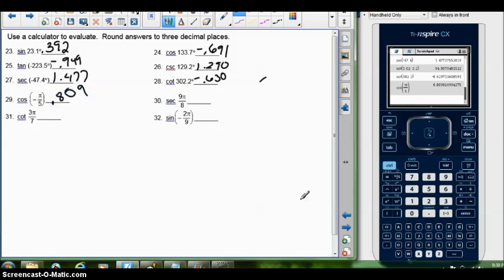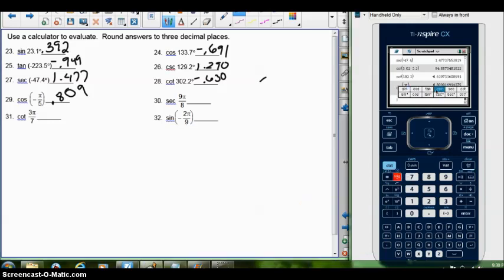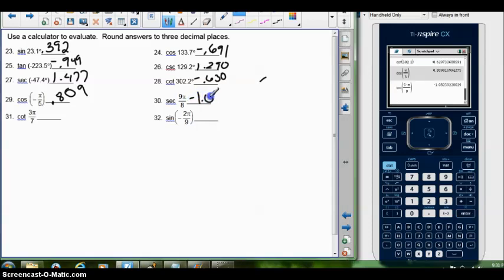Secant of 9 pi over 8. Trig secant 9 pi divided by 8. And we get negative 1.082. Cotangent of 3 pi over 7.